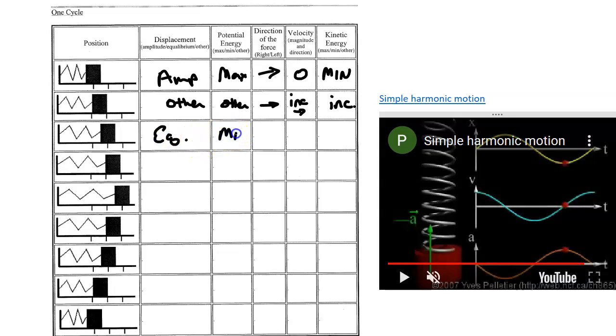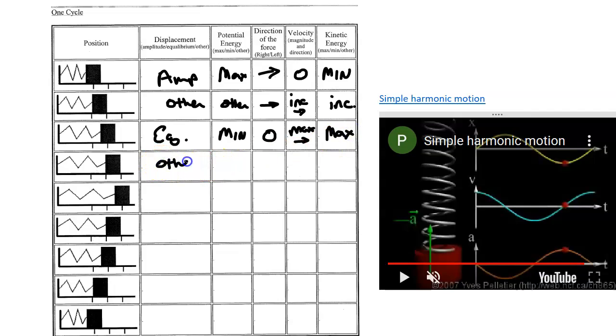Potential energy is at a minimum. There is no force now acting upon this object. It's now back to its regular position. Velocity is at a maximum to the right, and the kinetic energy, therefore, is at a maximum.